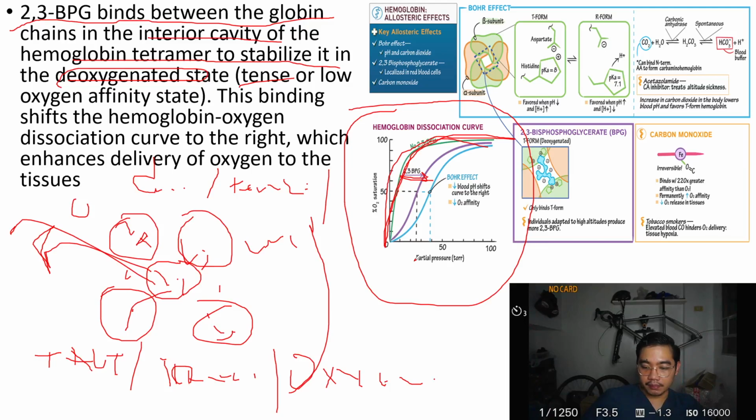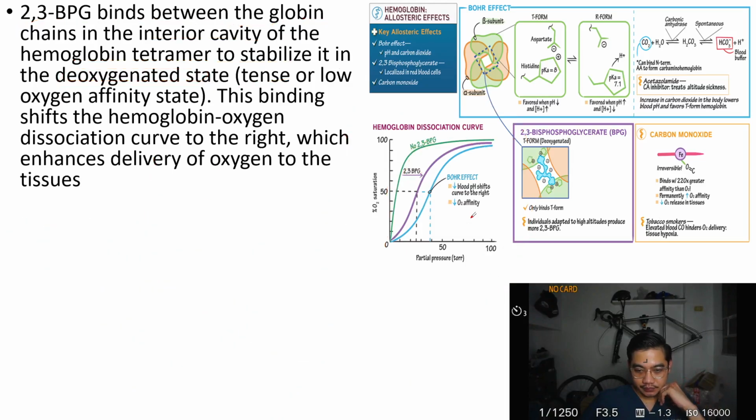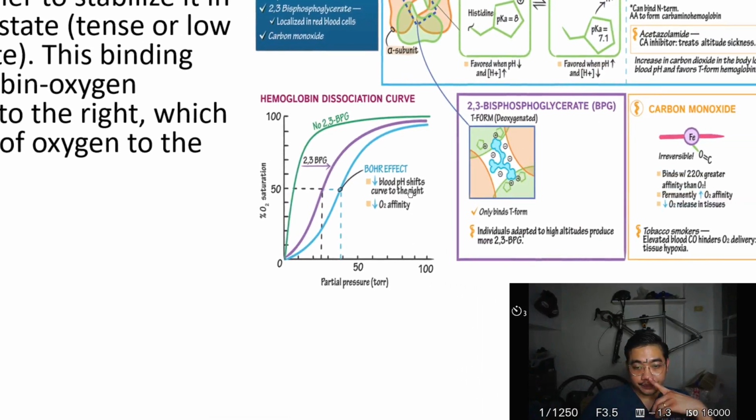What does this table mean? So we're gonna zoom in. This is the oxygen saturation, meaning how many hemoglobins are holding on to oxygen, no?